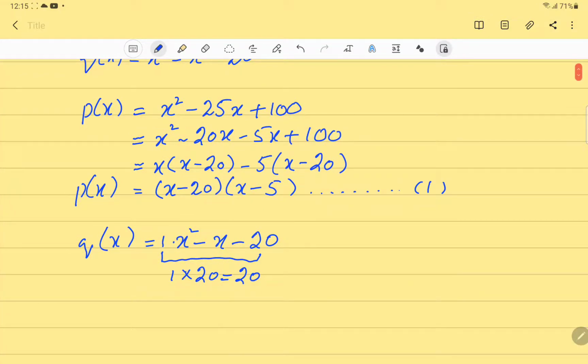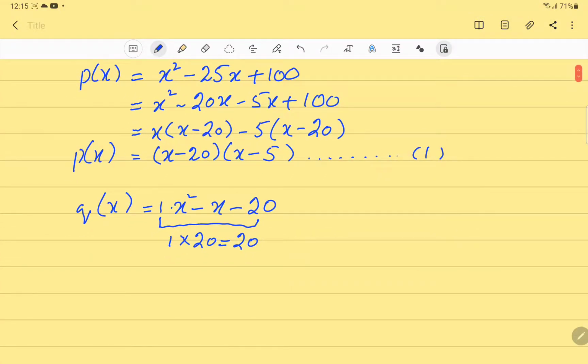Now we have 20, so we will make all the possible pairs of factors. The first one is 1 into 20 is equal to 20. Second is 2 into 10 is equal to 20, and then 4 into 5 is equal to 20.